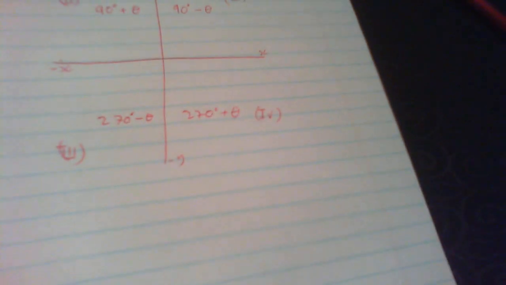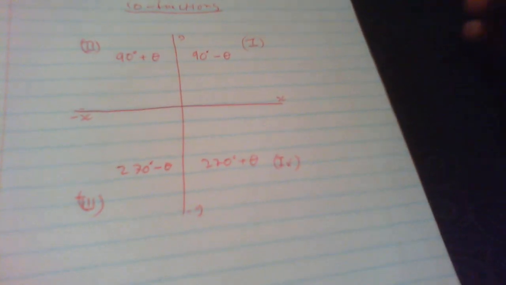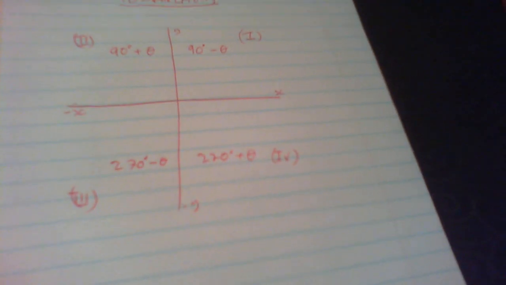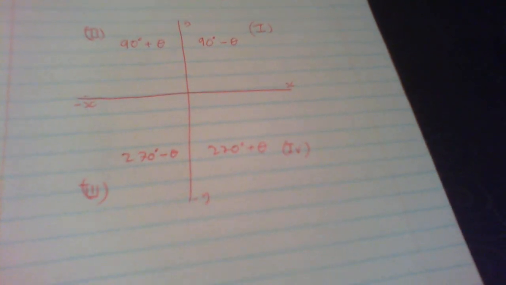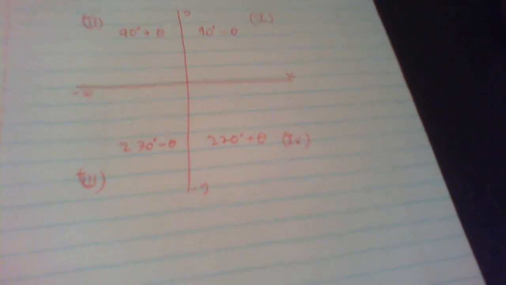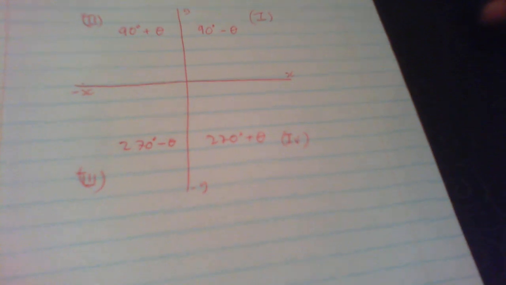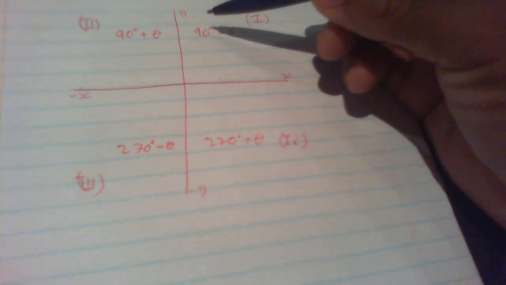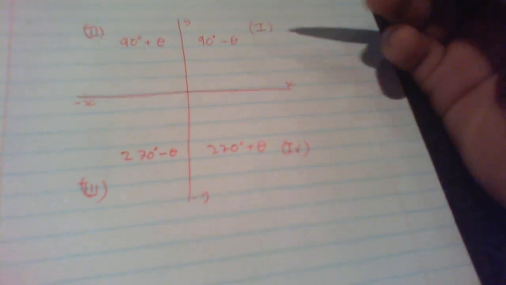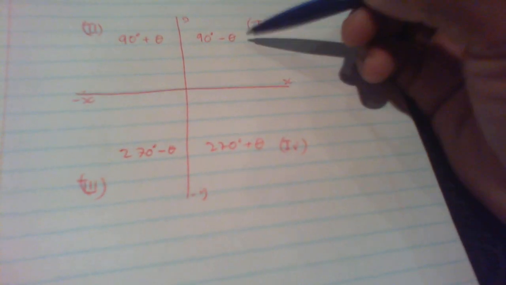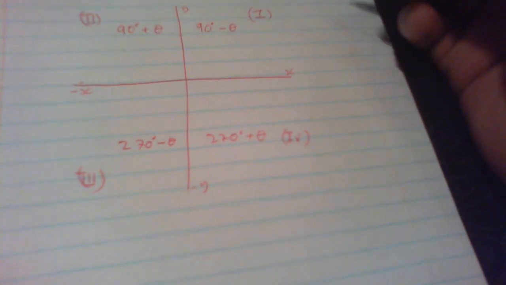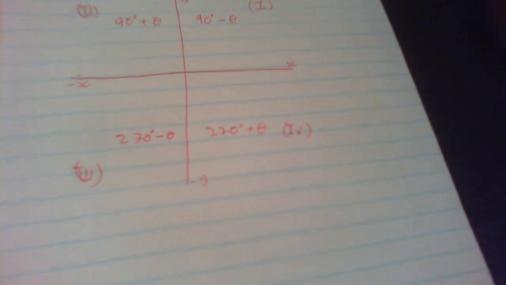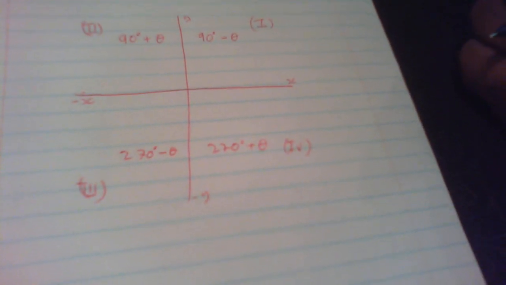Now remember that co-functions have to do with only two trig ratios, which is sine and cos. So basically I know that when I have 90 minus, sine is going to change into cos, and cos is going to change into sine.